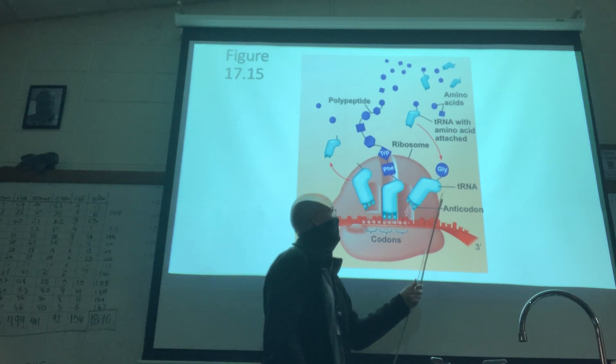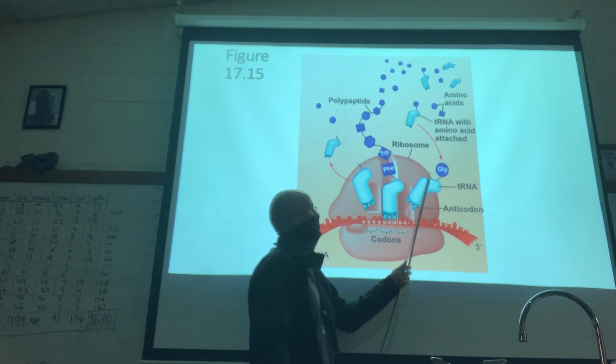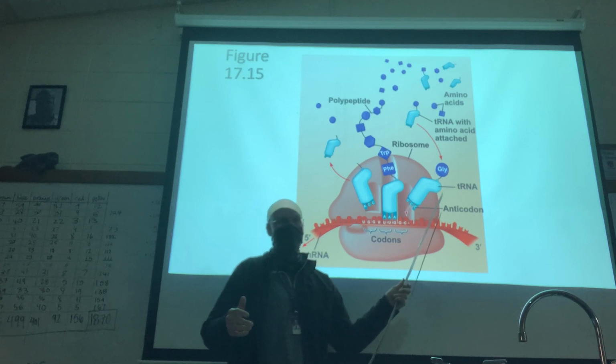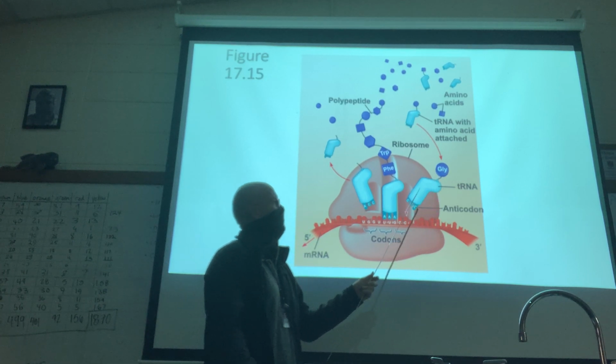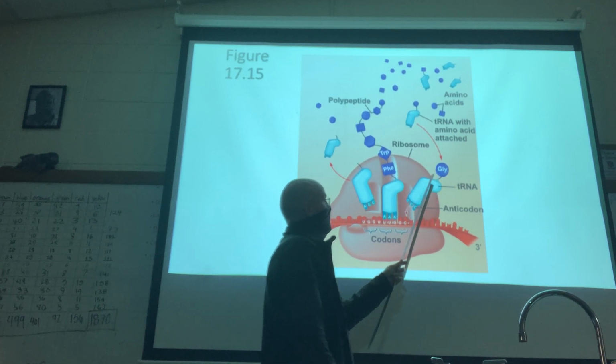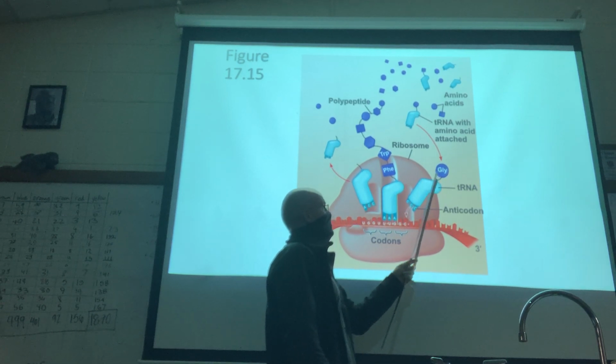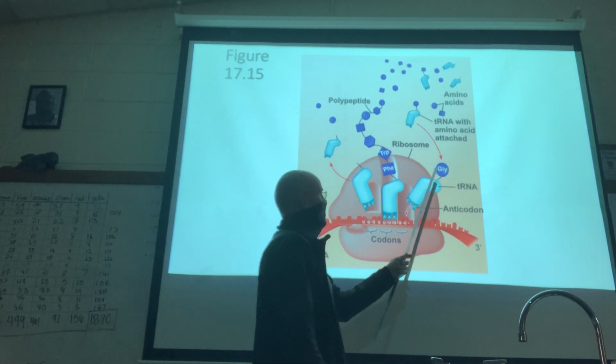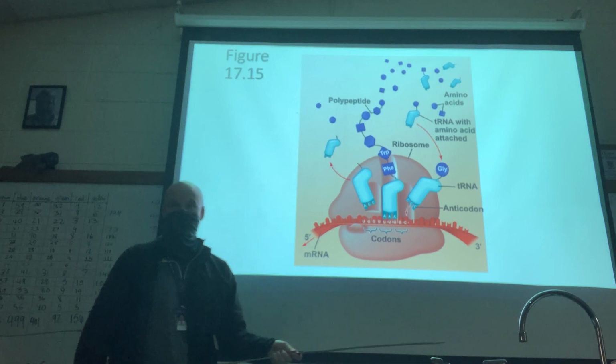So tRNA, which is shown in kind of this light blue, or I call it antique teal, they are the structures bringing the amino acids to the ribosome.